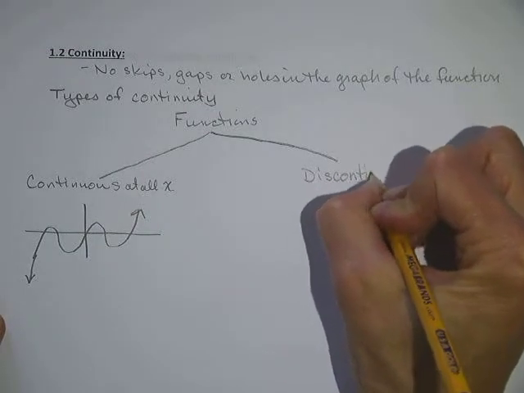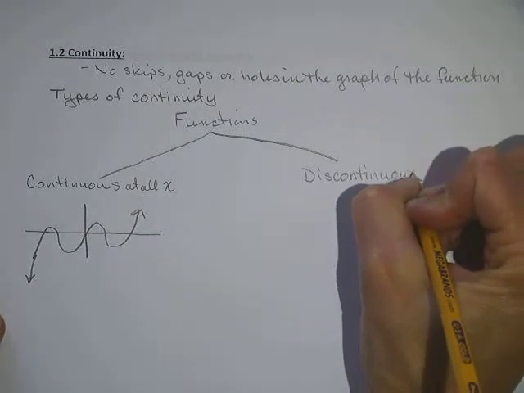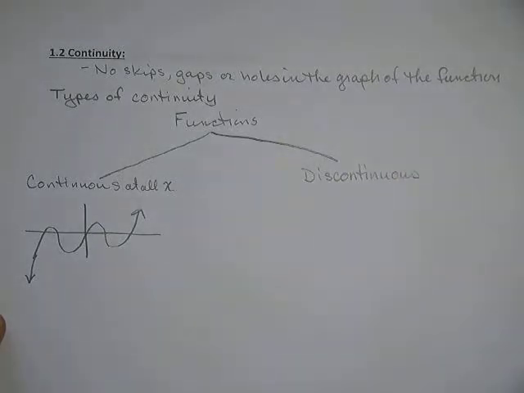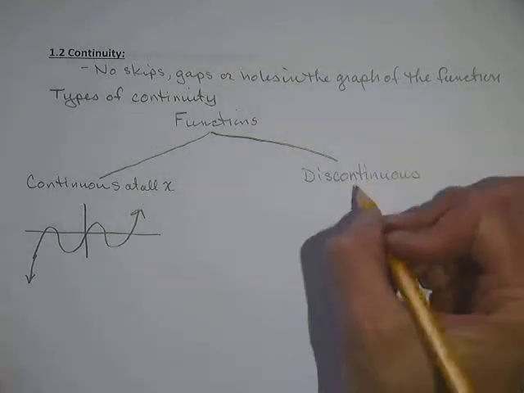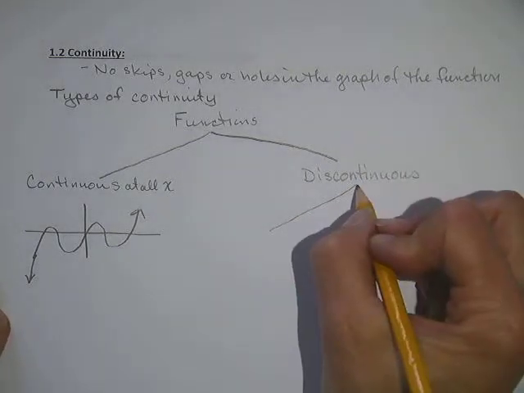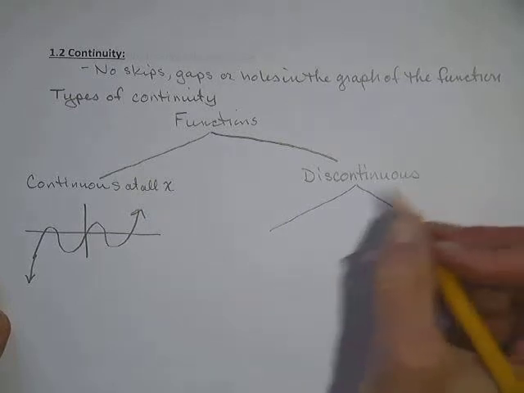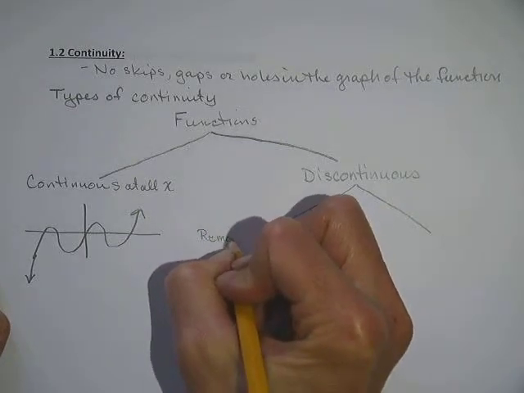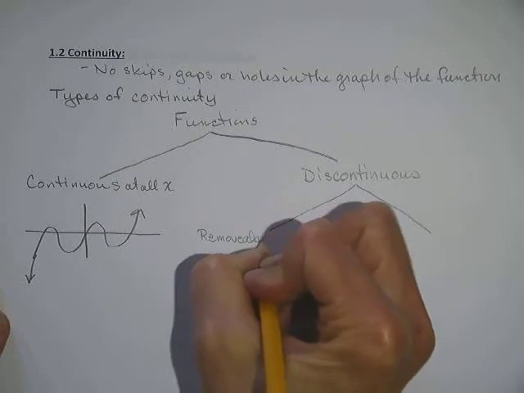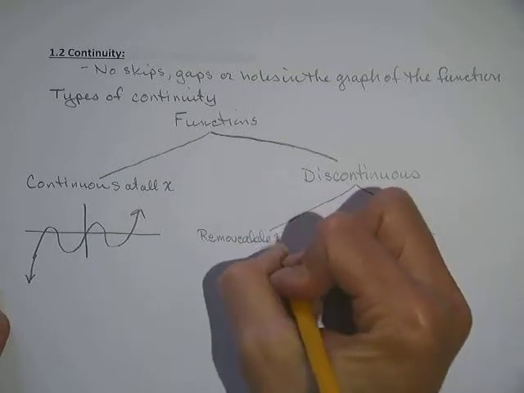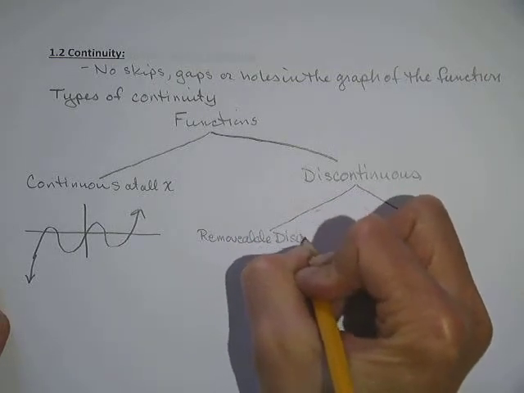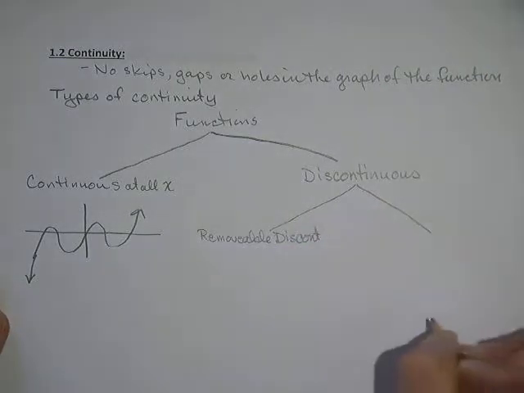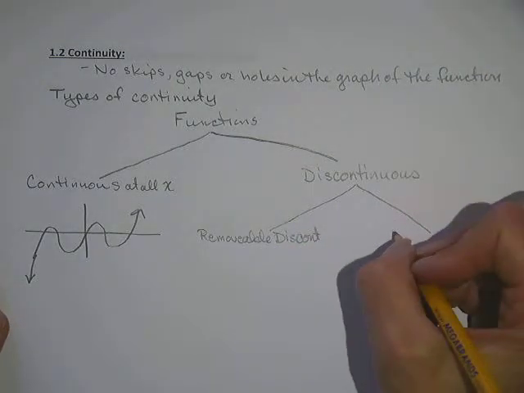Okay? And then we have what's called discontinuous ones, where there might be something. Now, discontinuous graphs are divided into two types. We have what's called removable discontinuity.